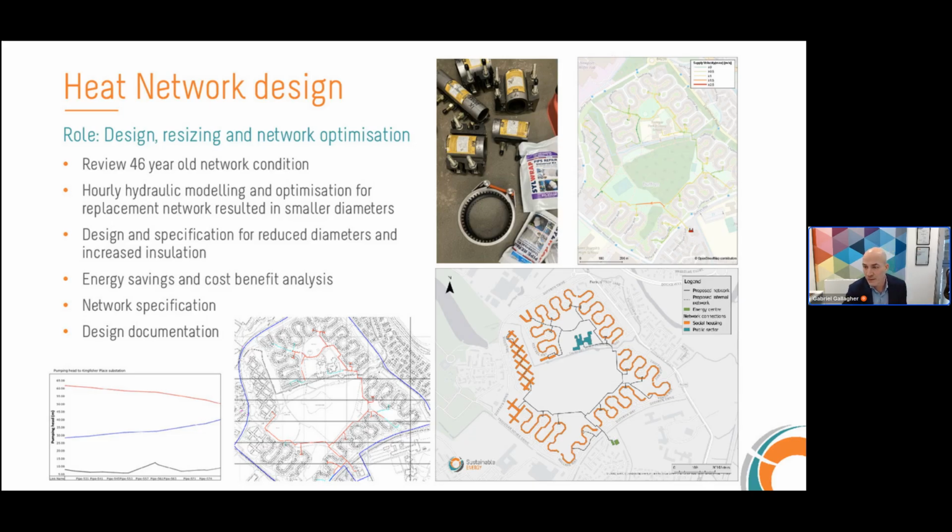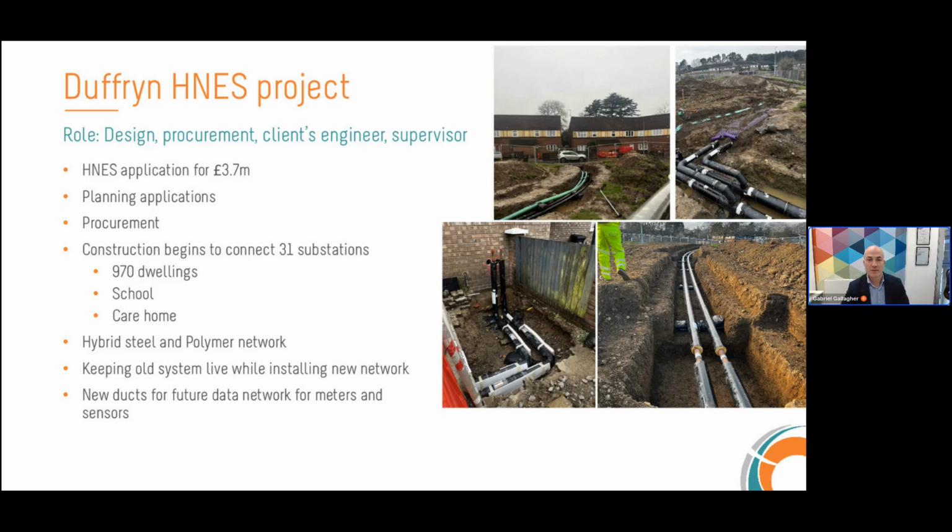In the preceding year, then the HNES funding opportunity opened up, and we helped Newport City Homes apply and be successful for some 3.7 million of funding towards a new network. Worked through the planning applications and procurement to get the principal contractor on, the main contractor for the installation.